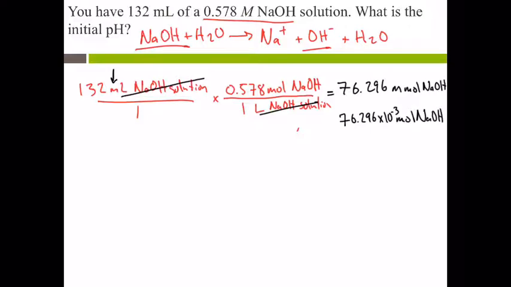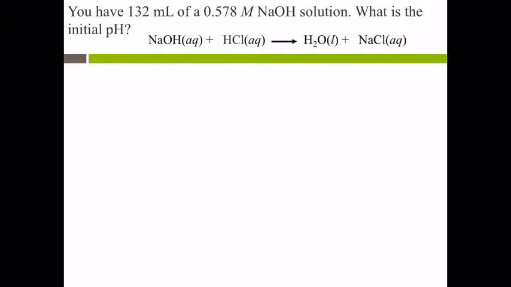I actually prefer to use millimoles instead of times 10 to the -3rd moles because it gives me a better idea of how big that is. Okay, so now we know how many moles of sodium hydroxide we have in that initial solution, and I'm just going to write this down on a separate piece of paper so I don't lose it. So we have 76.296 millimoles of NaOH.